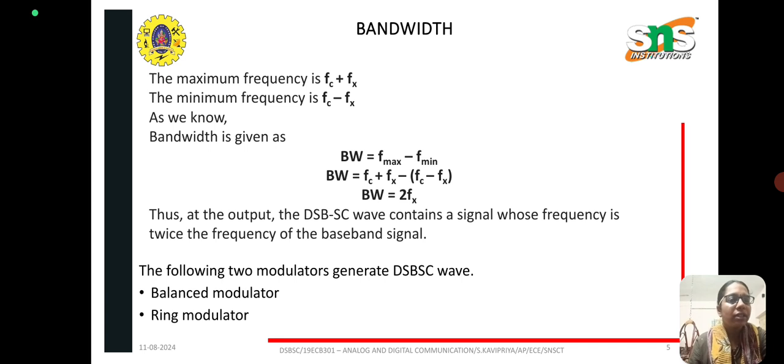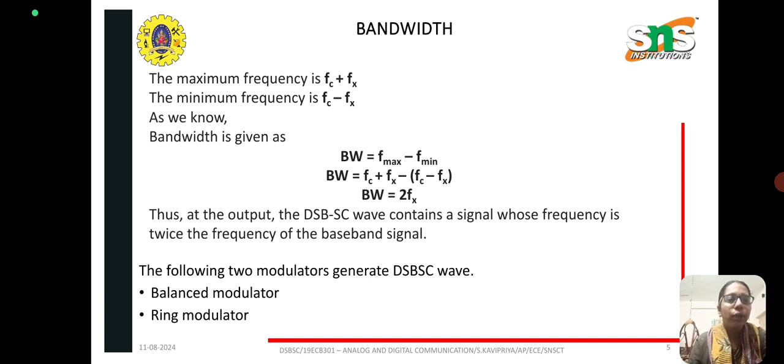The bandwidth is the maximum frequency minus the minimum frequency, so (fc plus fx) minus (fc minus fx). The bandwidth is twice fx.